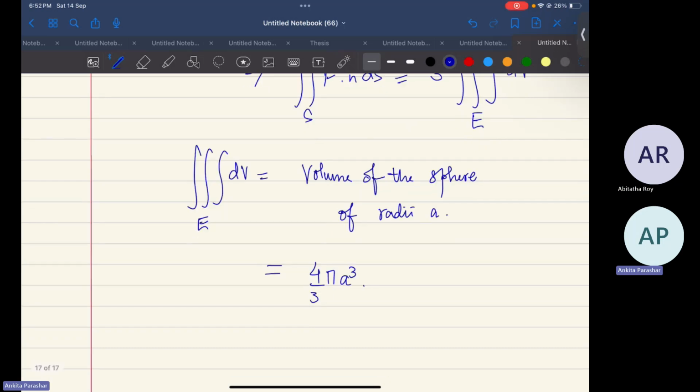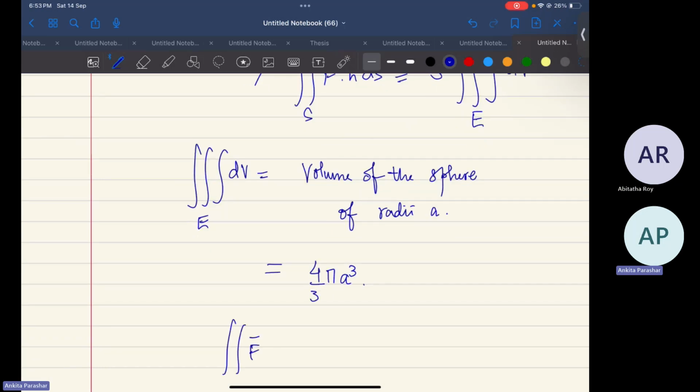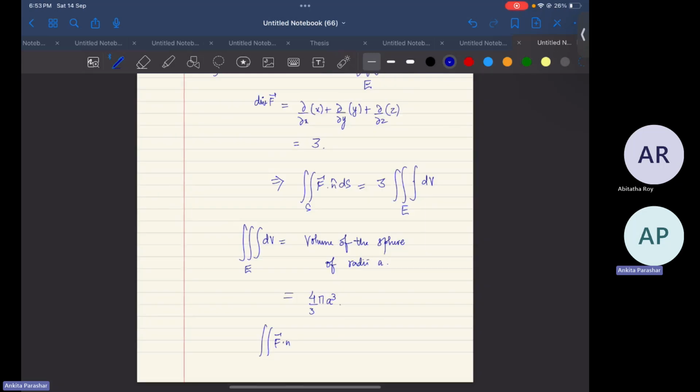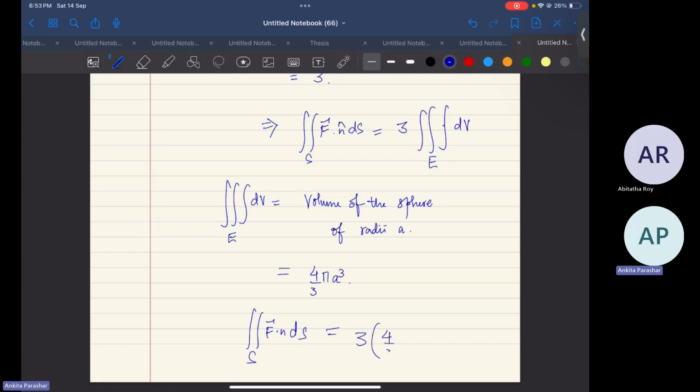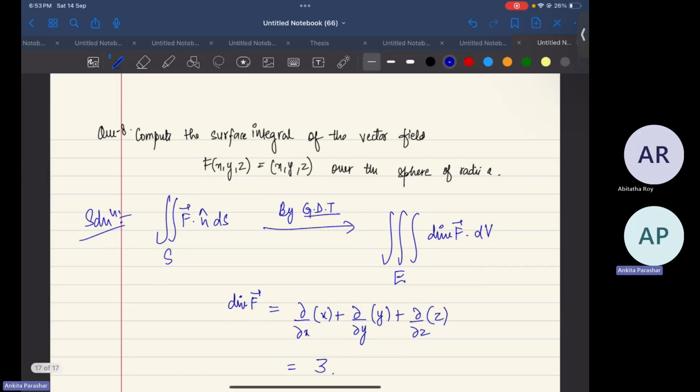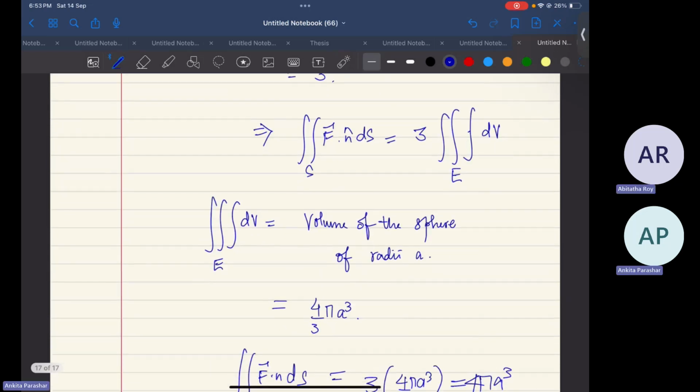So what is the integral of f dot n dS? 3 times 4 by 3 pi a cube, which is 4 pi a cube. So what we got is nothing but 3 times the volume of the sphere. The surface integral of this vector field is nothing but 3 times the volume of the sphere.